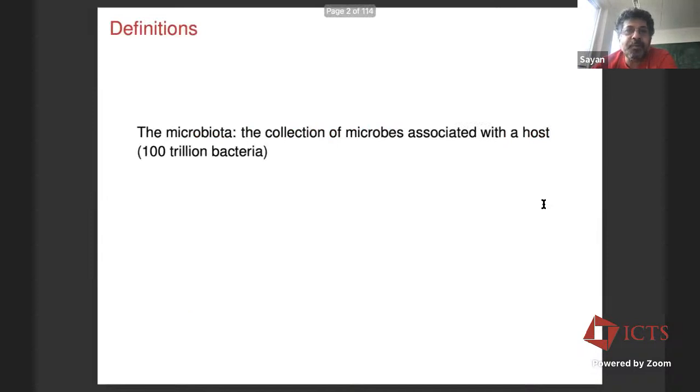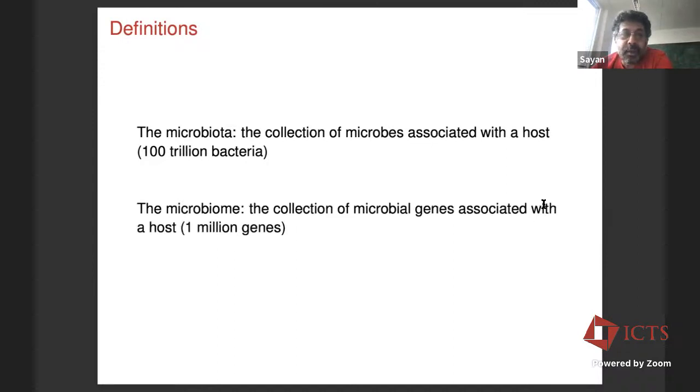I'm going to start with the example of microbial data. So what is a microbiota? It's a collection of microbes associated with a host. There are about 10 trillion bacteria in our bodies. What do people consider the microbiome? The collection of microbial genes associated with a host.